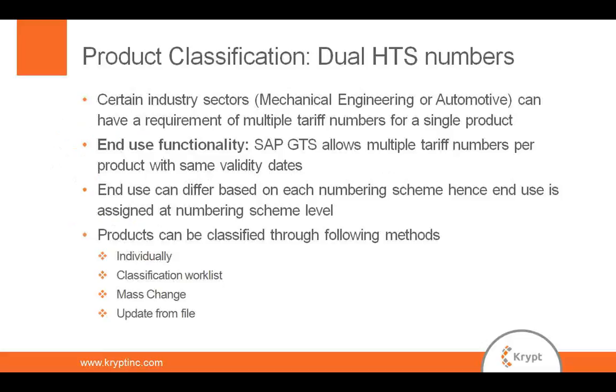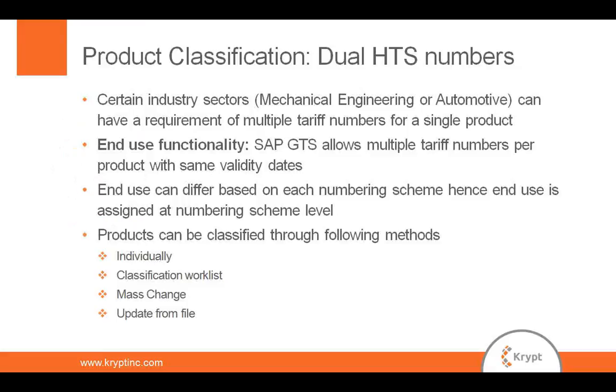It sticks with a particular HTS number up to a certain length, and if it exceeds that, then the tariff changes. The reasons could be many, but the business case is a business requirement for an individual product to hold multiple tariff numbers.